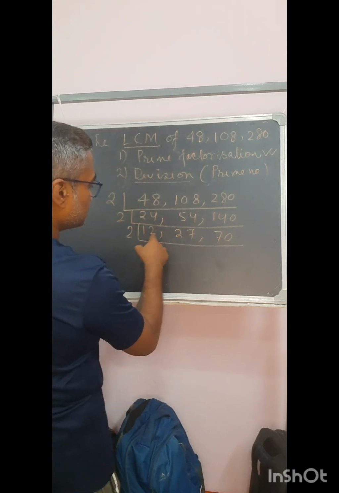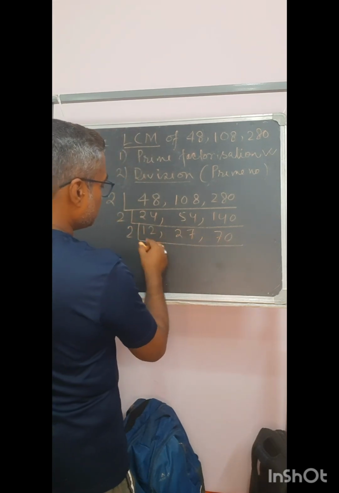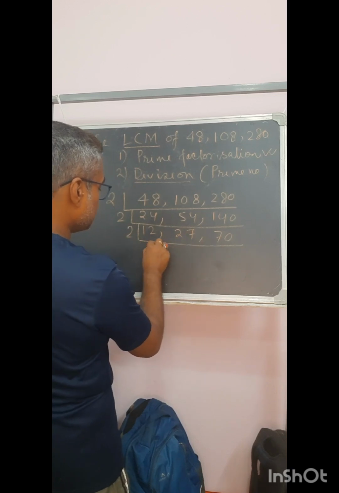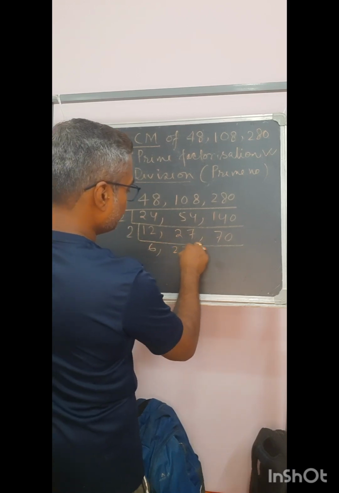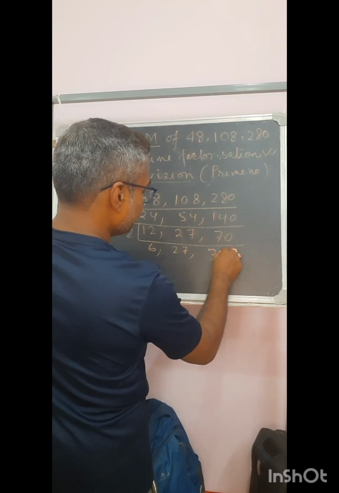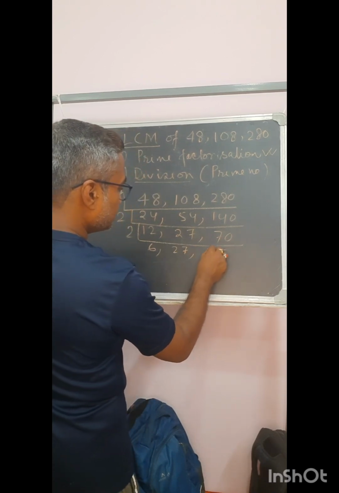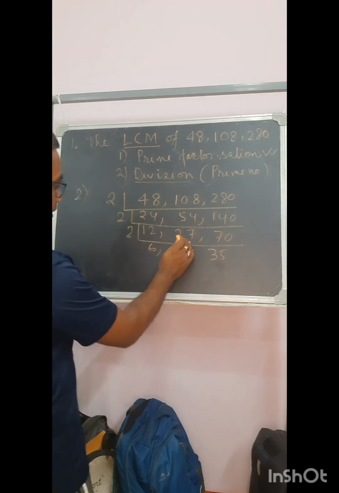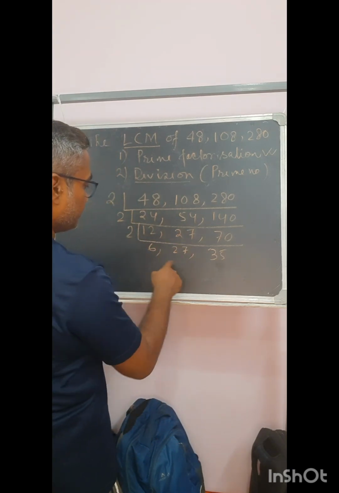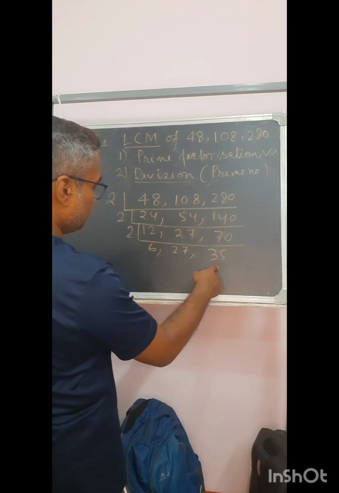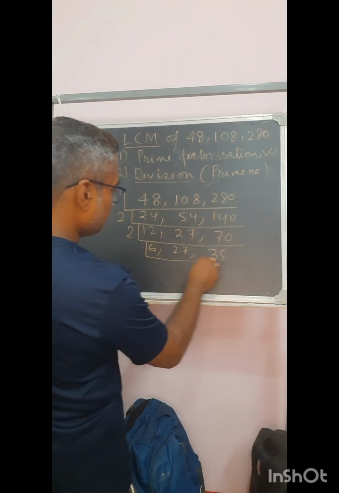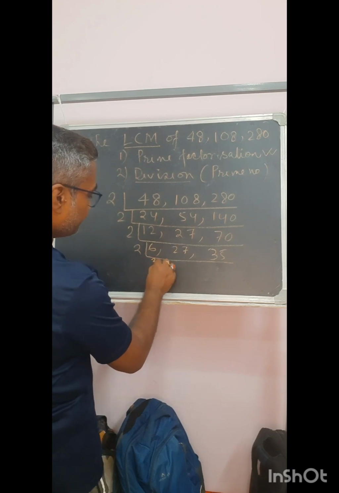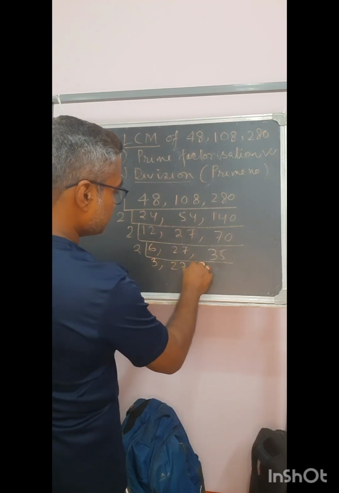Again 2, because any of these can be divisible by 2, so leaving this as it is, I will go forward. If it is not dividing anything, I will go on keeping it in the same form. Now again 2, there is another even number, 3 27 35.